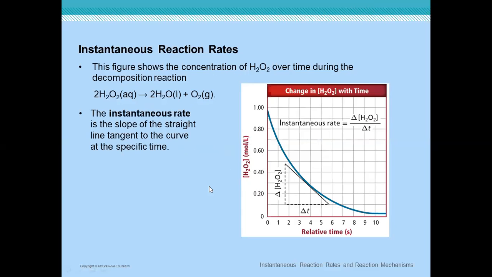An instantaneous rate is the slope of the straight line tangent to the curve at a specific time. This is called instantaneous rate.